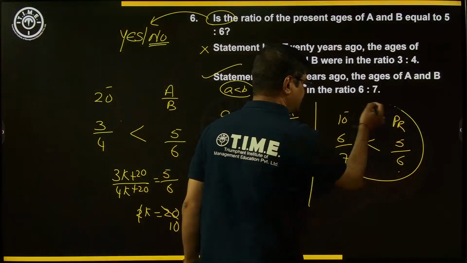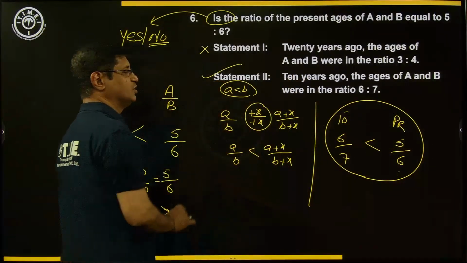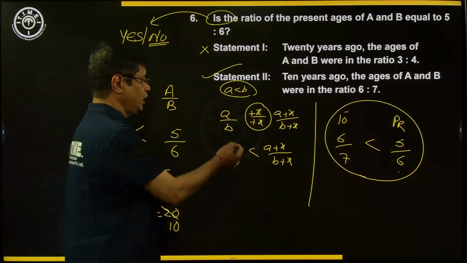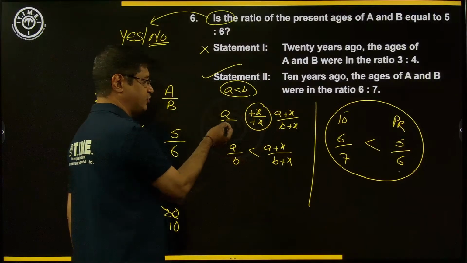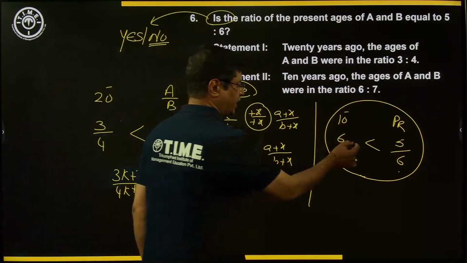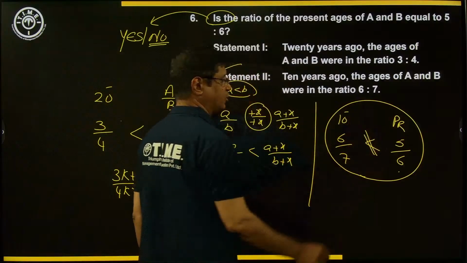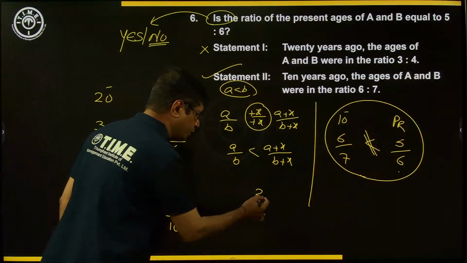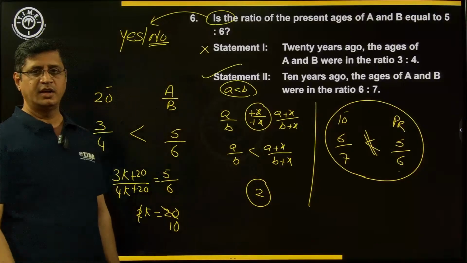So what is the answer? So no is the answer, means second choice. Am I clear? So A plus x by B plus x, when you compare with A by B, it is not satisfying lesser inequality, means right choice, option number 2. Second choice is the right answer.